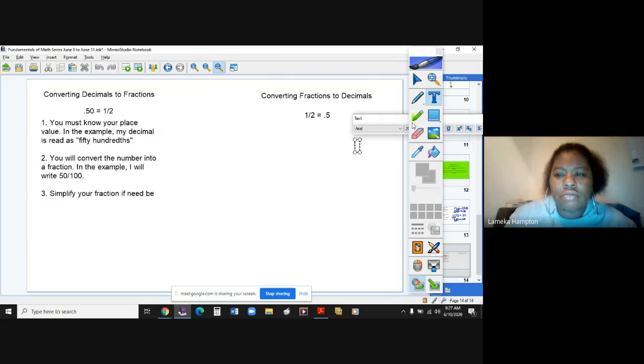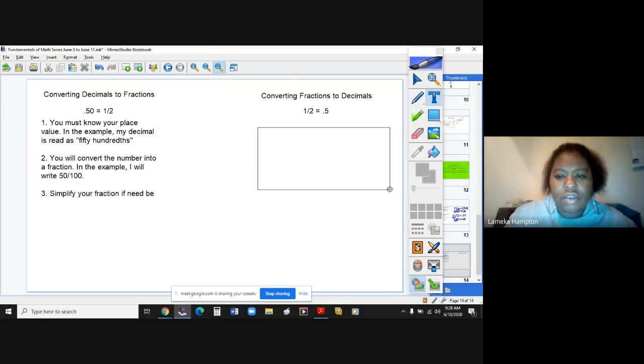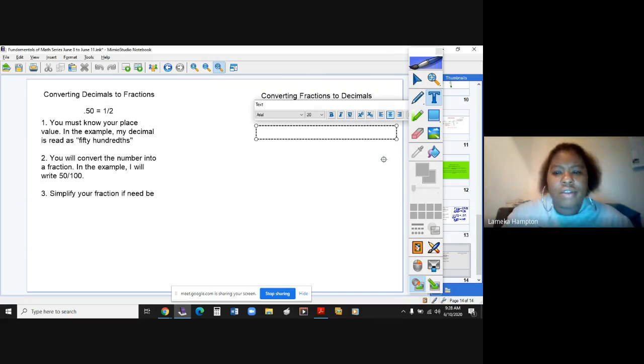All right, there we go. So here are the rules for this. Now, again, this is where division is definitely going to come into play.